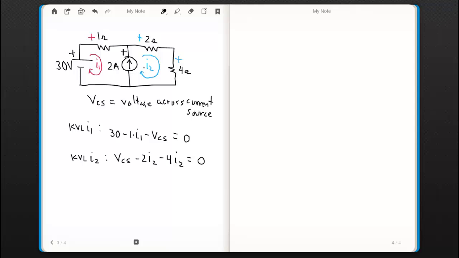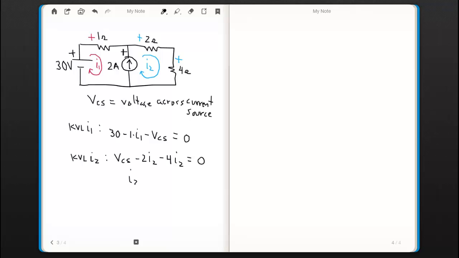Well, the way you tell is you look at how the direction of the mesh currents compares to the direction arrow of the current source. See, I2 is defined in the same direction as this current source direction, so that's the positive one, and I1 is defined against the arrow of the current source, so that's the negative one. So you see, it's not I1 minus I2 equal to 2 amps, it's I2 minus I1 is equal to 2 amps. See, that's our third equation.